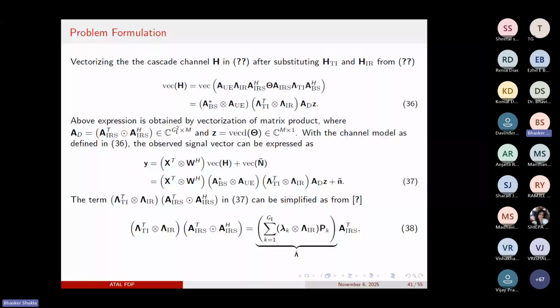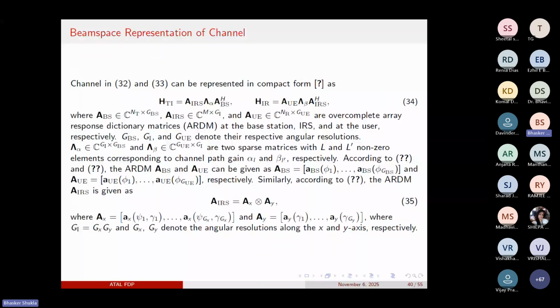The overall channel is basically the cascading of HTI, HIR, and theta. Theta is modeled by the IRS, and it is a diagonal of theta.